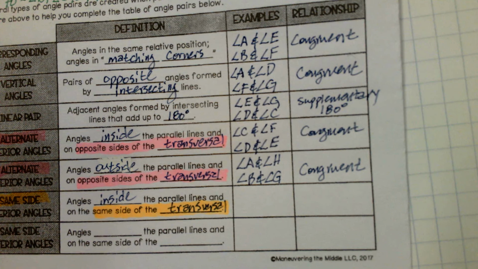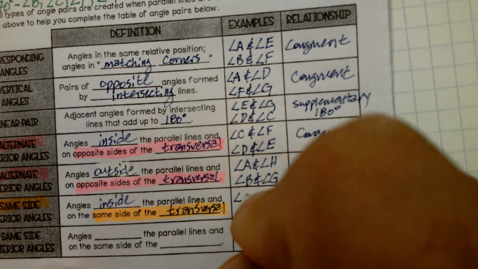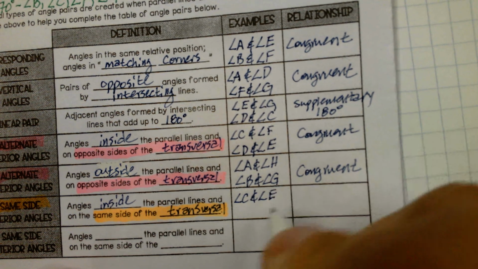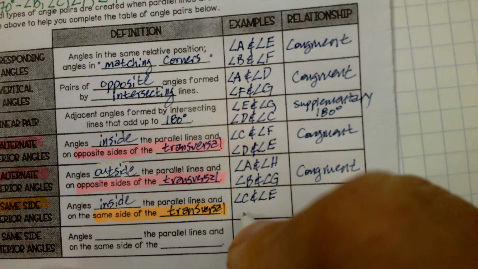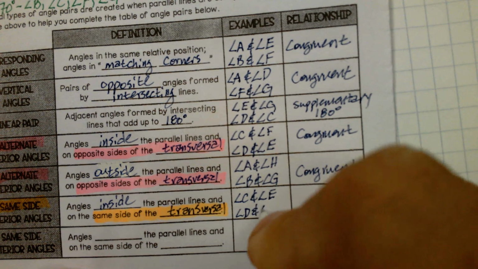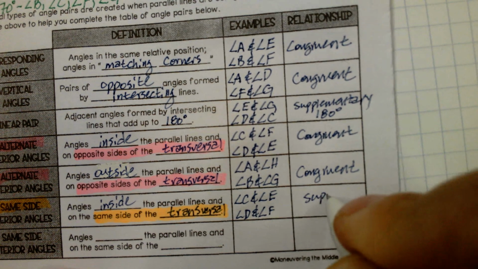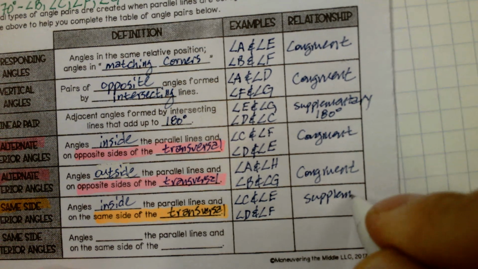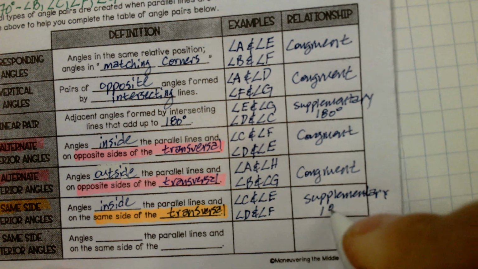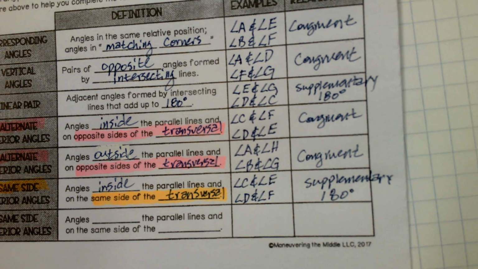We said angles C and E, angle C and angle E, and then we said angle D and F, and they're supplementary. Meaning they add up to 180. Okay.